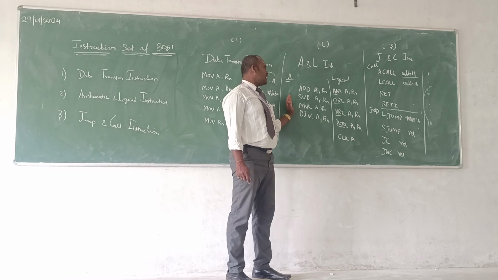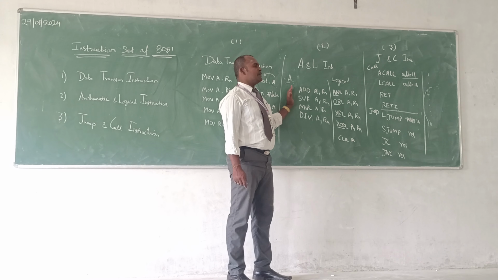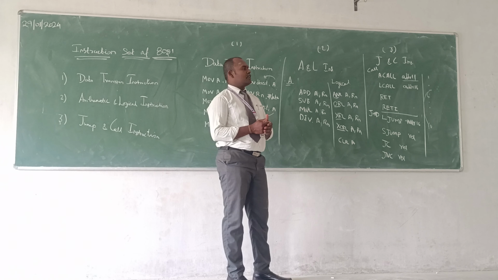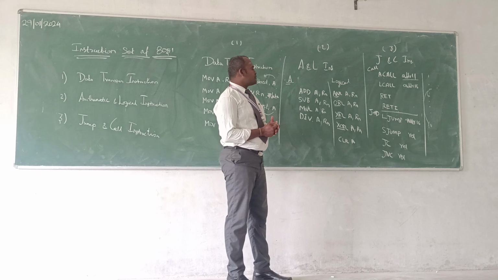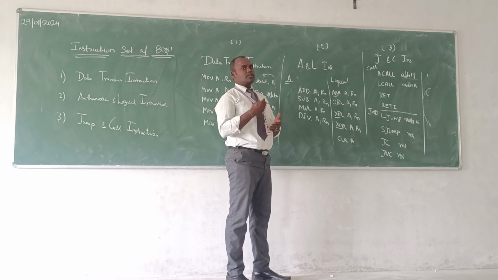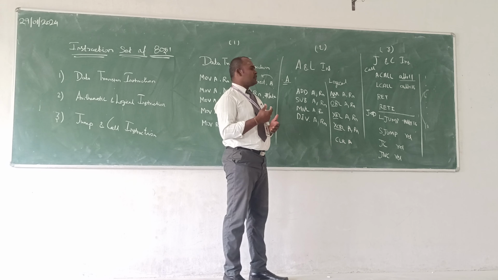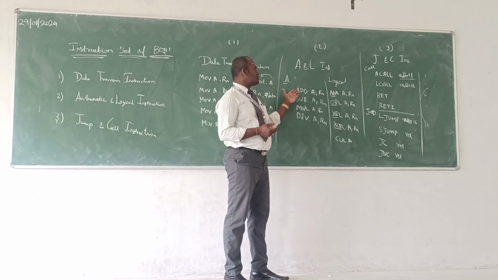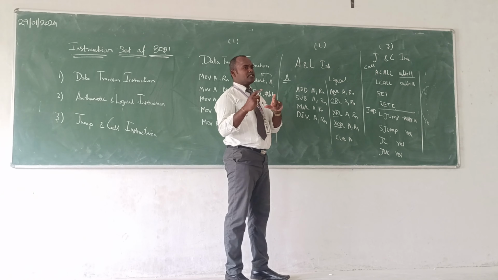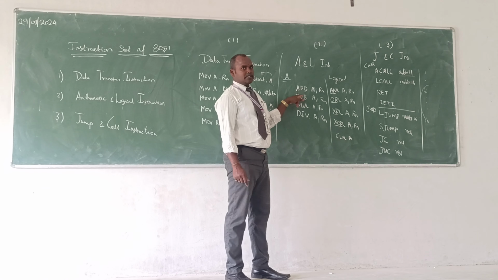Why are these arithmetic functions needed in programming? Suppose you receive two input signals and need to add them; you use addition. If you need the difference, you use subtraction.